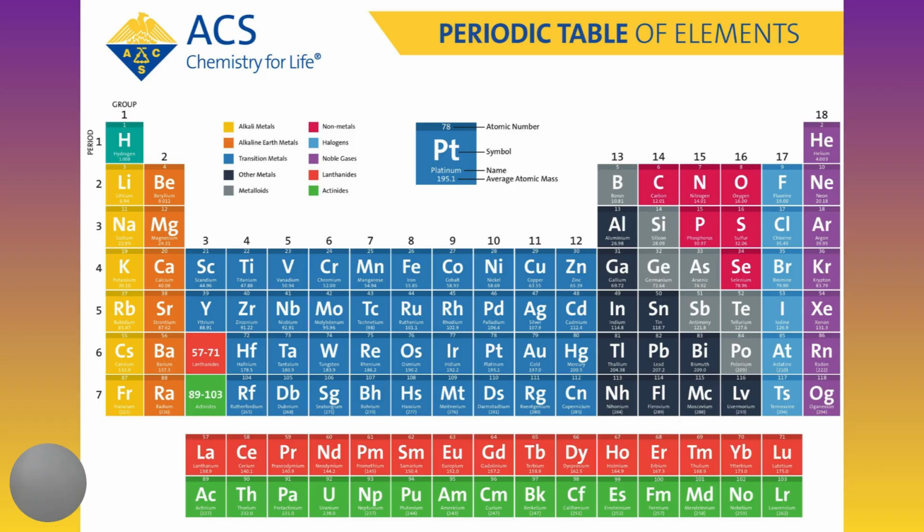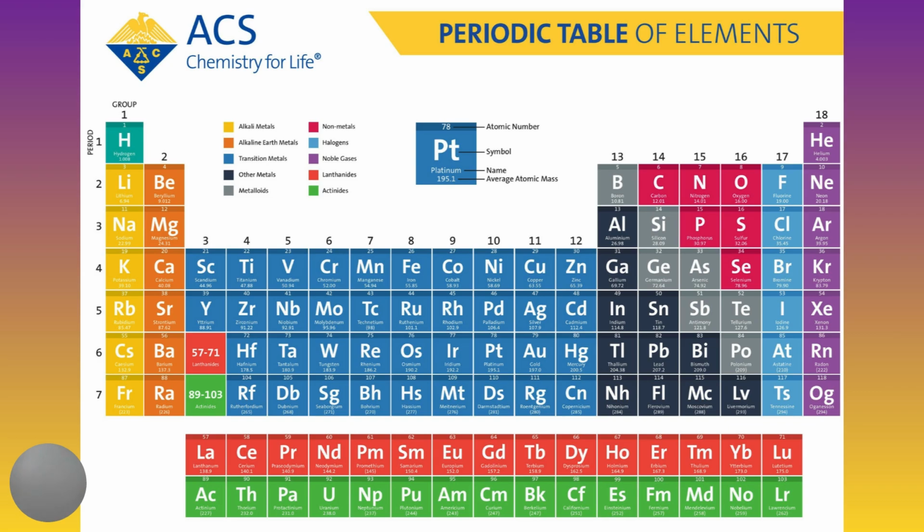Let's look at this picture. Here we have different groups of elements, and you can see there are different properties of these elements. We have the color coding. We have group 1, 2, 3, 4, and so on, up to group 18.